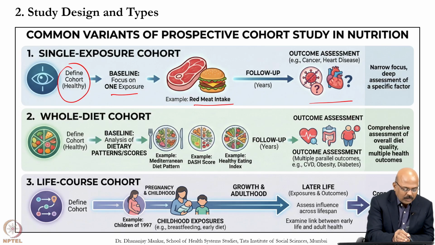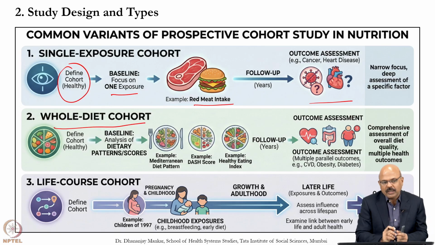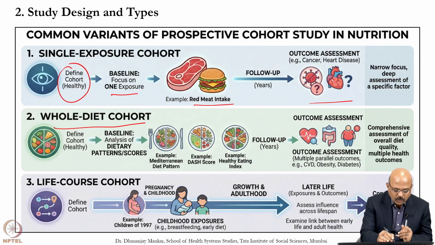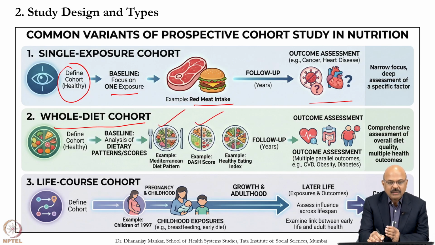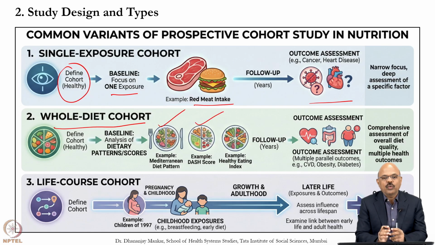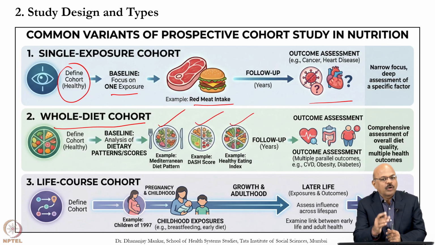Now there is the whole diet cohort, which we will be understanding, where we define a healthy cohort and do a baseline analysis of dietary pattern scores. For example, whether it is good to have a Mediterranean diet, or a score with a DASH diet of different foods, or the Healthy Eating Index, which is a mix of all, or you can say a balanced diet.